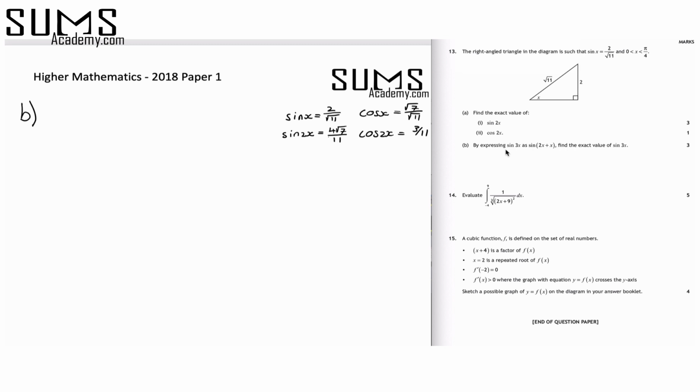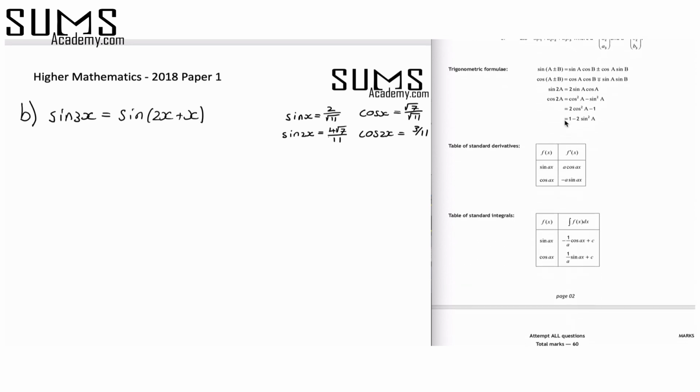Part B, by expressing sine 3x as sine of 2x plus x, find the exact value of sine 3x. So we're saying sine 3x is equal to sine of 2x plus x. I'm going to have to go back to our equations again.